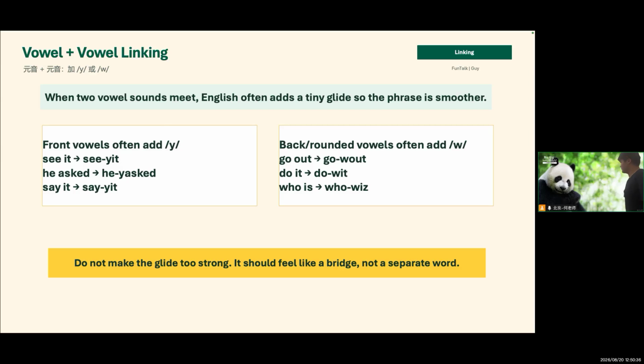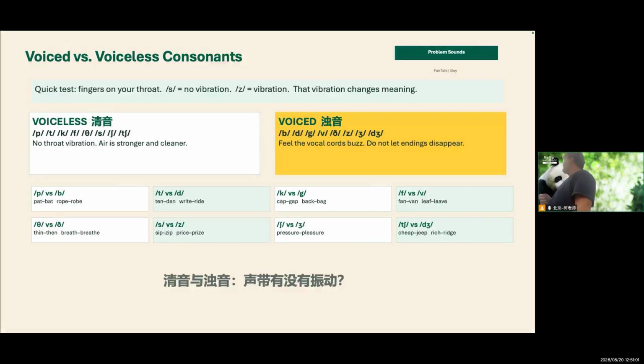But basically, when I hear a Chinese speaker say the word ear, sometimes they say it like year. Okay, so there's a difference between year and ear. There's no y in the ear sound. Okay, so that's just a small note.